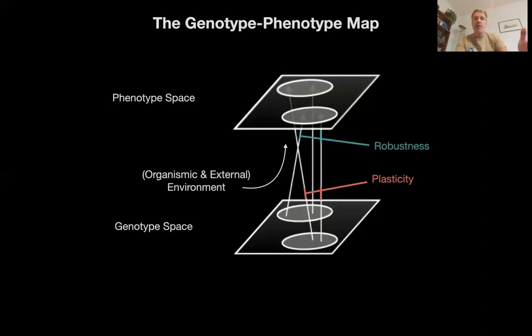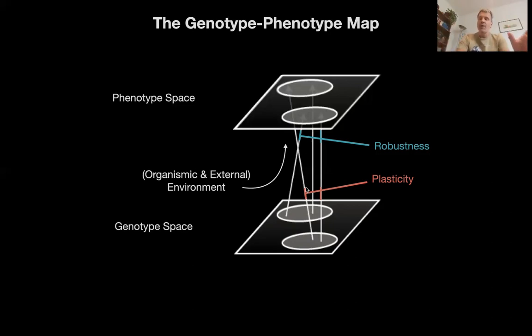The other way around also occurs. You can have different genotypes producing the same phenotype. We talked about this a lot when we talked about the correspondence problem, that there is not a single mechanism solely responsible for a specific phenomenon in development. And that, of course, is the phenomenon of robustness, or as Waddington called it, canalization of development.